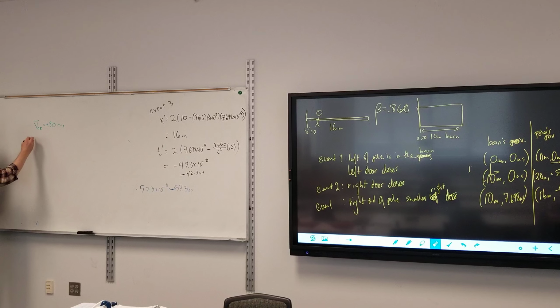Positive. Let's say you're in the back seat, you're throwing something up front. So the velocity, let's say, make it a ball with respect to the car. Why don't we say it's positive 10 meters per second? So from your point of view, you're in the car, it's still, everything else is moving around you. You take a ball and you throw it up to the front at 10 meters a second.